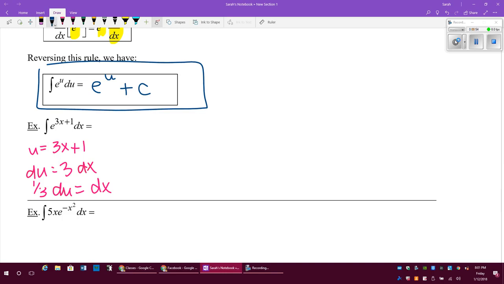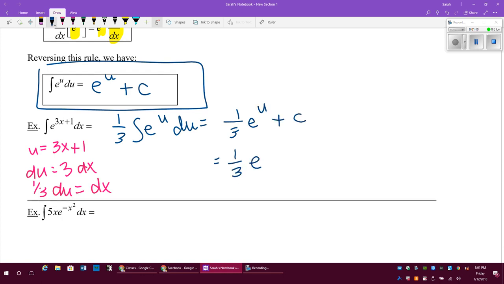So I'm going to rewrite this thing as the integral 1/3 e to the u du, which is a pretty easy antiderivative to take, because if its derivative is e to the x, its integral is e to the x. So e to the u plus c. Final step, we're going to throw in our original u of 3x plus 1. Don't forget your plus c.